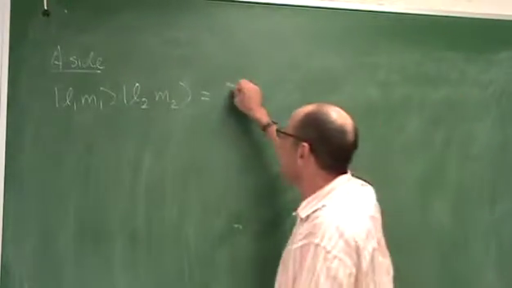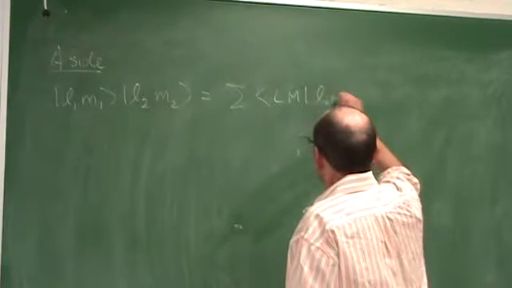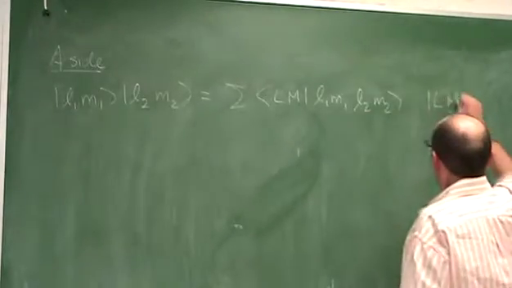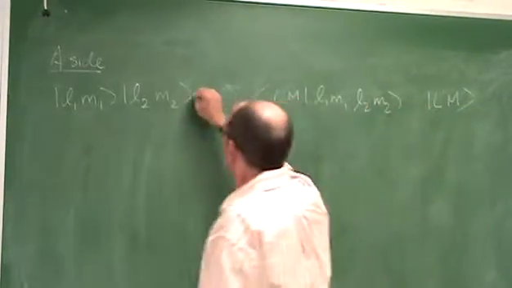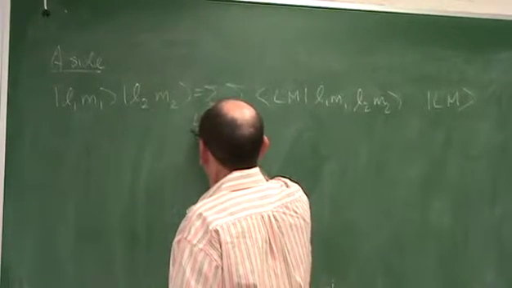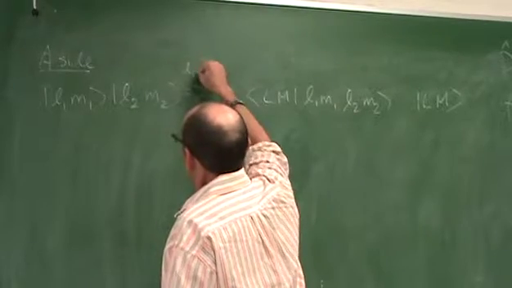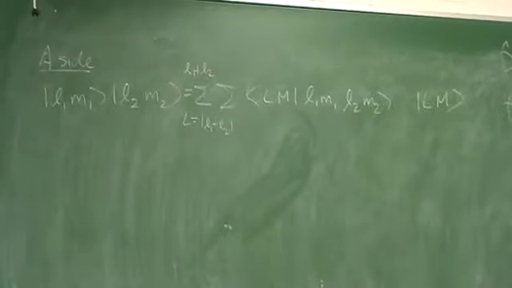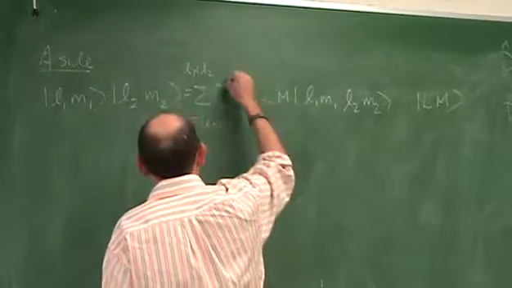And I can reuse the Lecture 14 expansion to write this, where I have two sums here. L goes from the absolute value of L1 minus L2, whichever one's bigger, to L1 plus L2, and M goes from minus L to L.